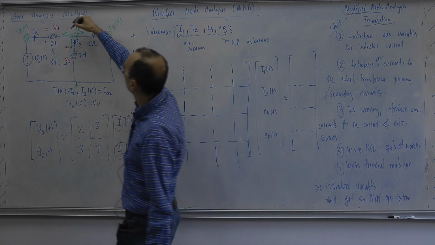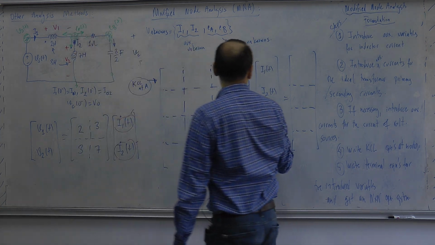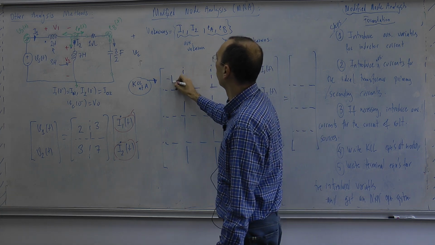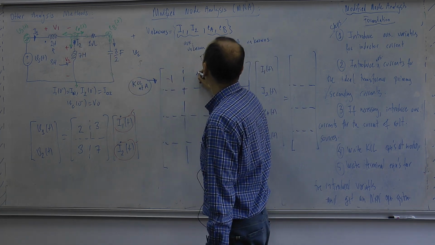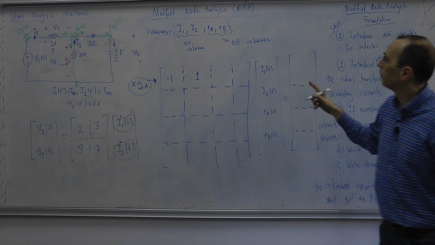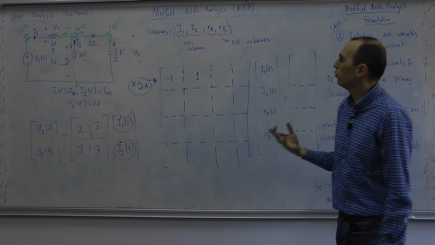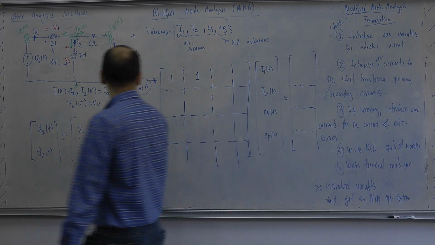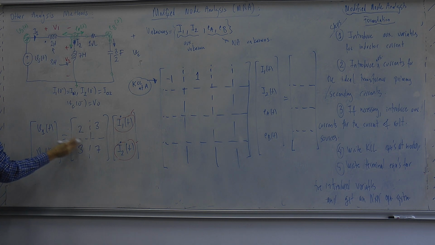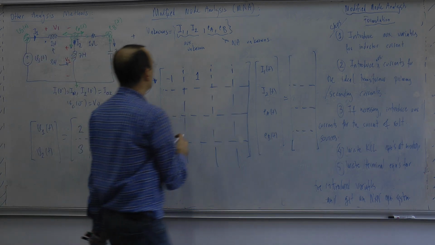So how can I write this? Minus I1. I1 is present right now. Plus I2. So please remember, previously in the node analysis, I had to work so much for this, because I need to find I1 and I2. I have taken the inverse of this matrix, integrated, get rid of this derivative terms and so on.